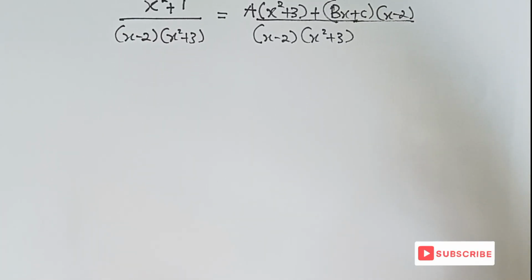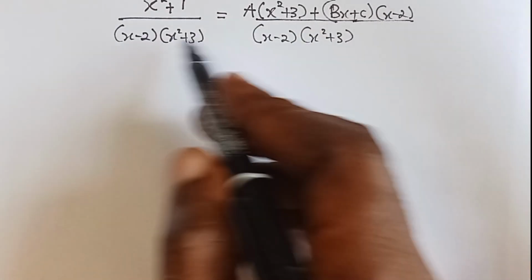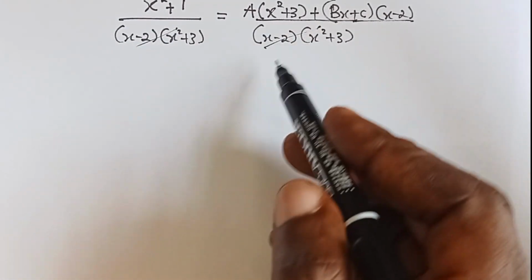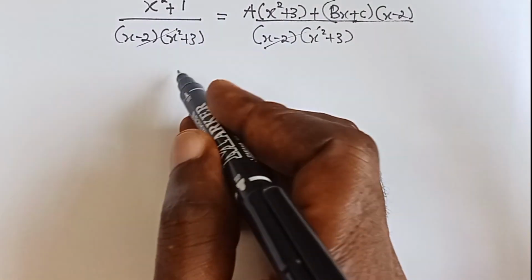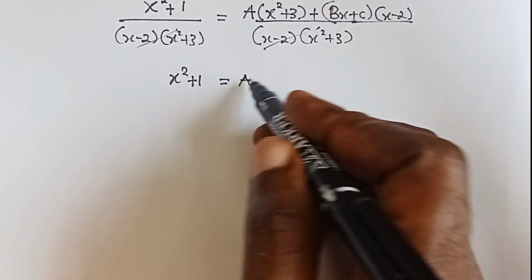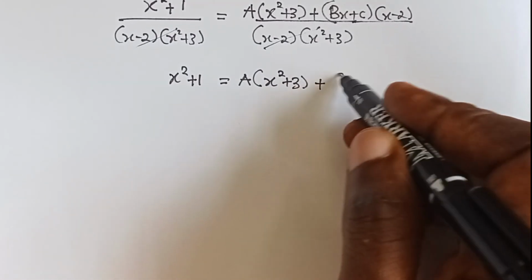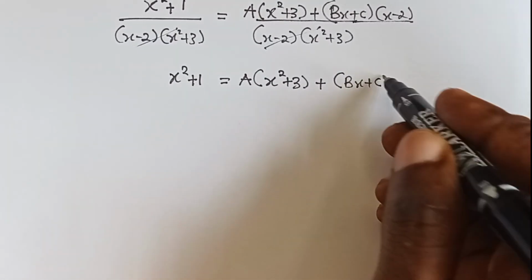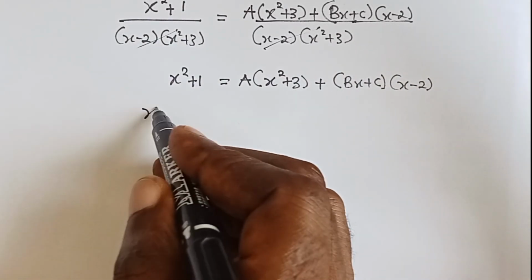Okay, so now from there, the denominator is equal to this. We can equate the numerator, then we have x squared plus 1 equals to a(x squared plus 3) plus (bx plus c)(x minus 2). Right, so let's open this bracket.